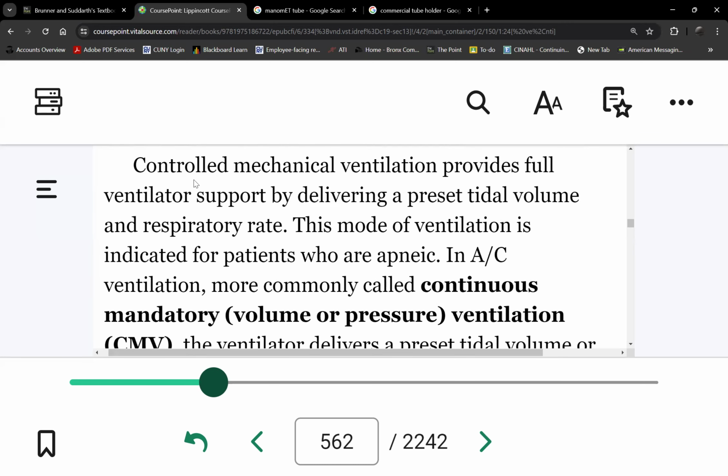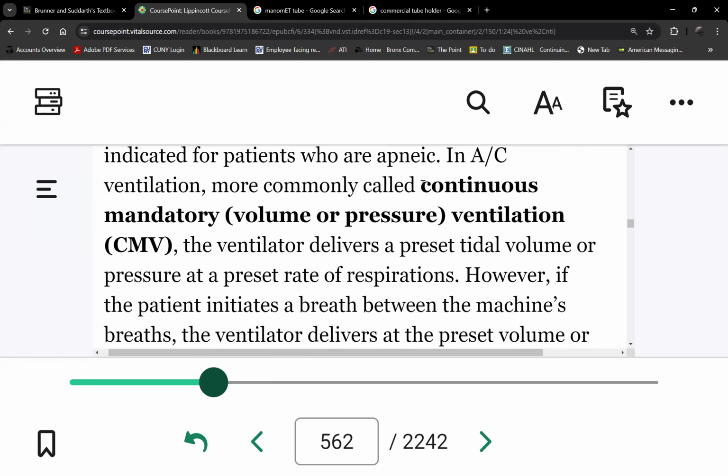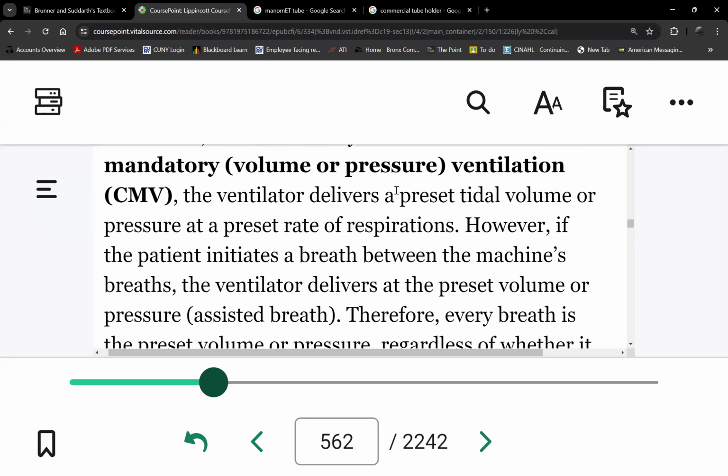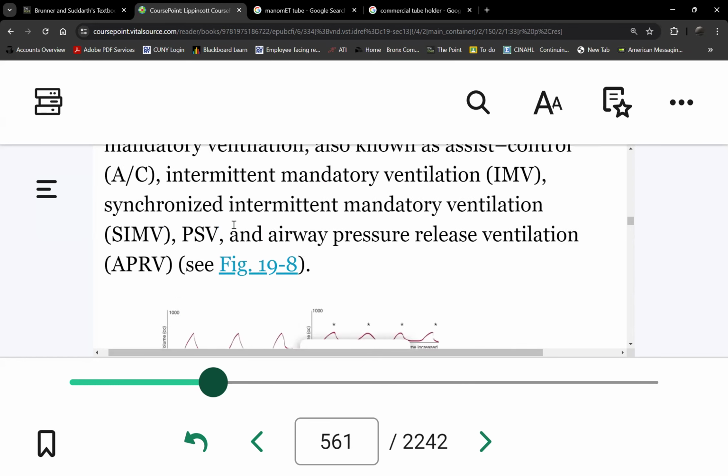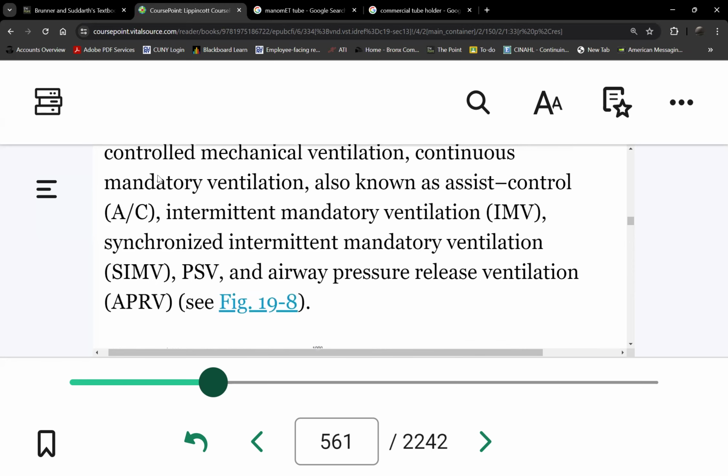So control is mentioned here. Control is in the OR only. Now in AC, this is what it does. It's a volume mode. When it's a volume mode, two things are always preset. There are two volume modes here, AC and SIMV.